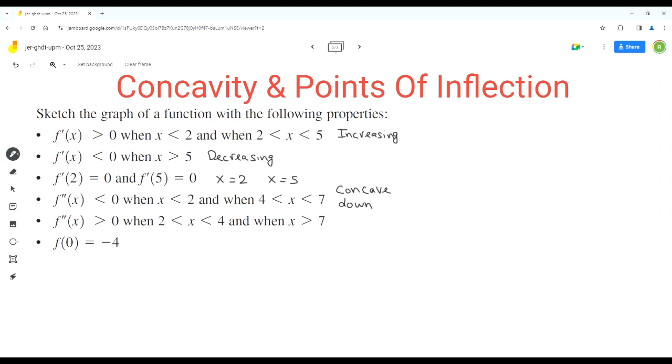Next we are given that the second derivative is greater than 0 between 2 and 4 and x greater than 7. That means over these two intervals, the function is concave up.